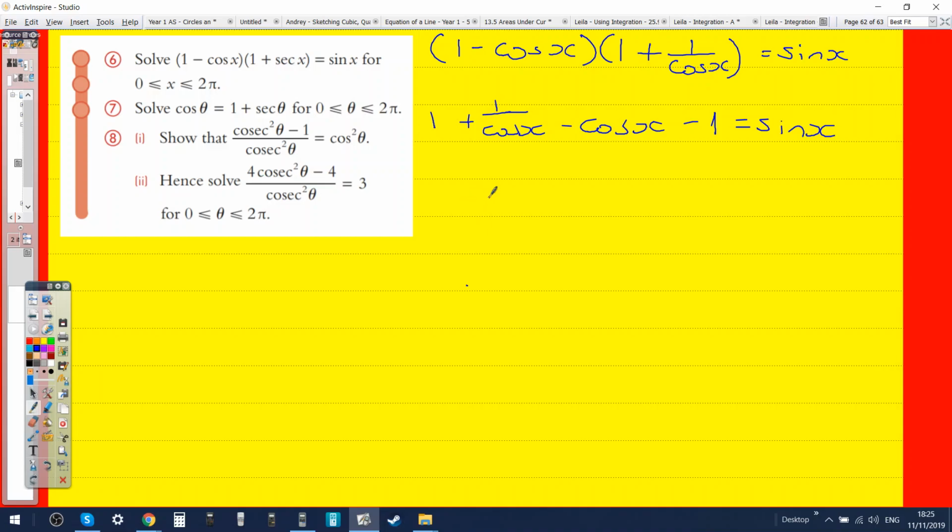You're thinking of dividing everything by sin x, is it? So then, yeah. This is just sin x on the right side. Will we subtract it? Yep. So minus sin x equals 0. Yep. So then we could say that 1 minus cos x, 1 plus 1 over cos x, minus sin x equals 0. Yeah, minus sin x. So that gives you that first step.